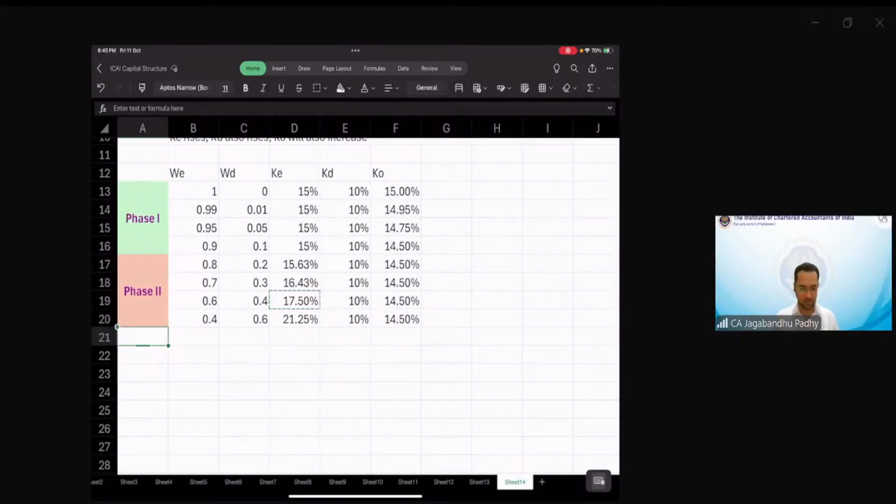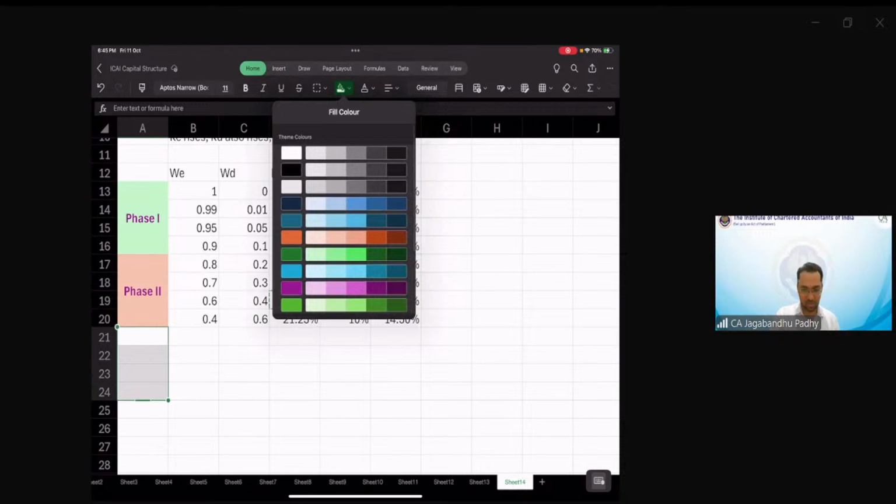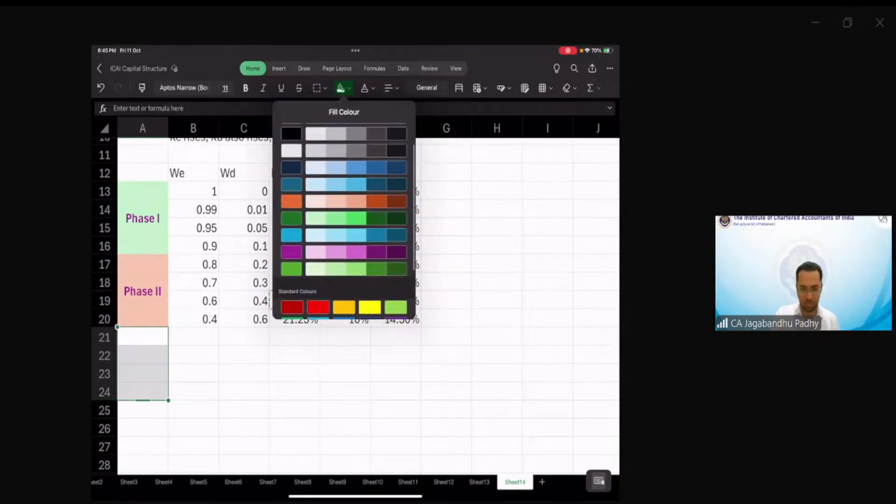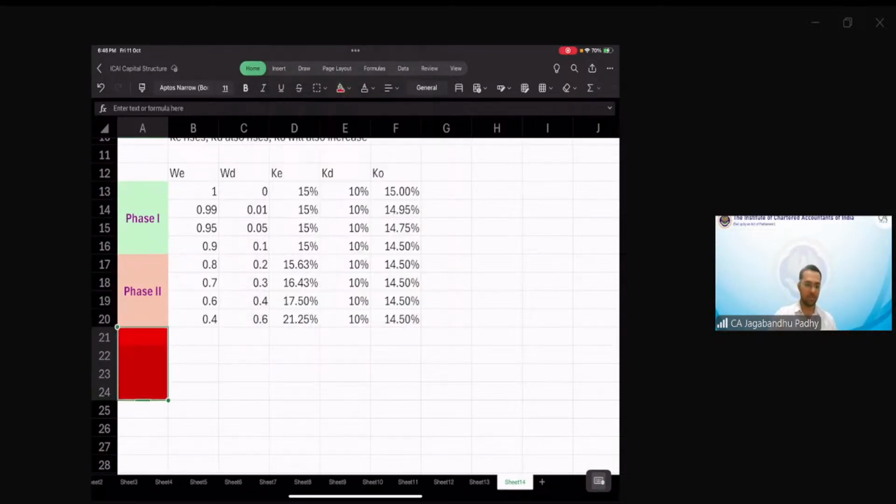But after a point of time, we enter the next phase, which is going to be a little bit of a scary phase.